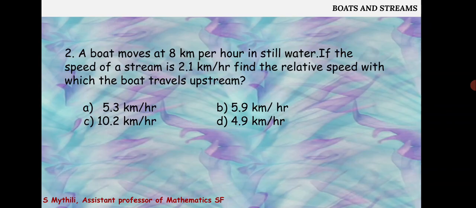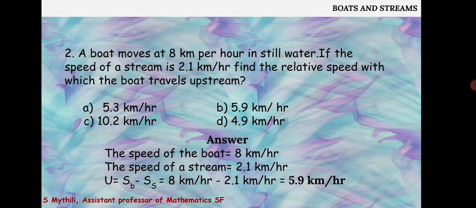If the speed of the stream is 2.1 km per hour, we need to find the upstream value. So, we know the upstream is speed of boat minus speed of stream. So, they will decrease the rate. So, we just subtract those items, we get the answer.